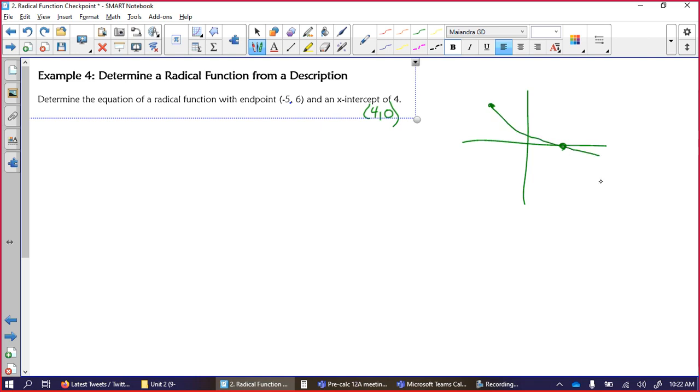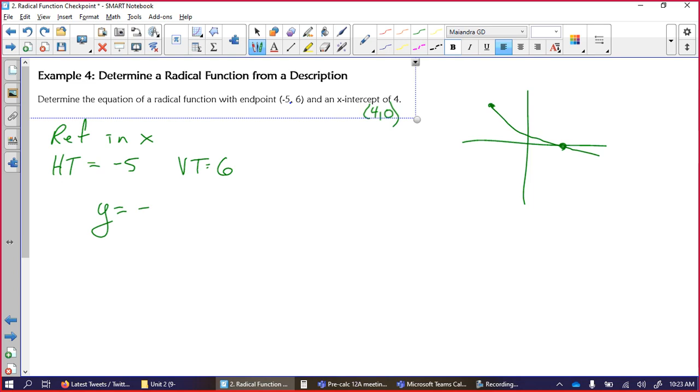So this tells me that this has a reflection in the x. It has a horizontal translation of negative 5, a vertical translation of 6.